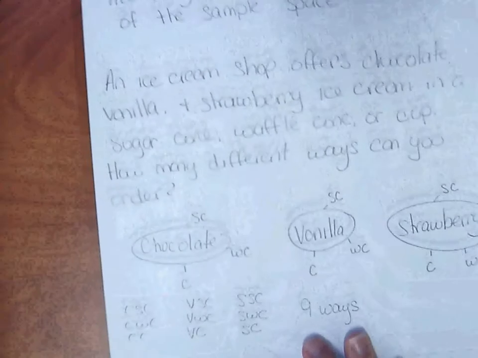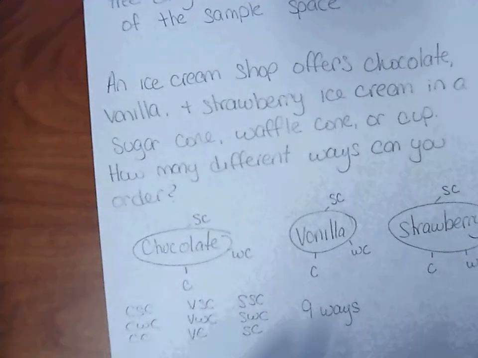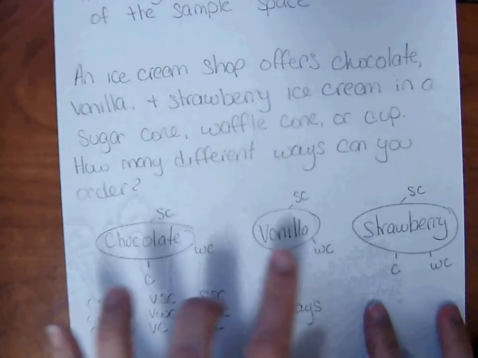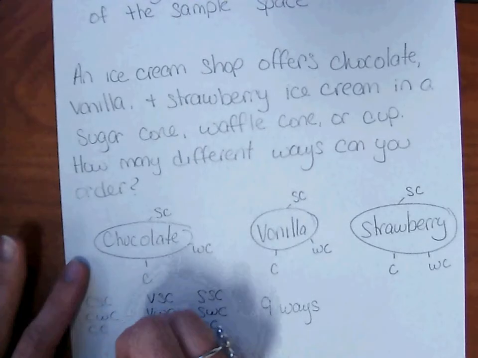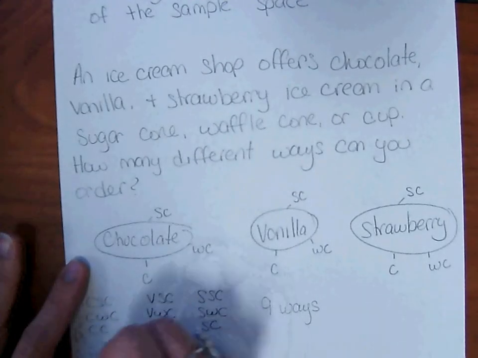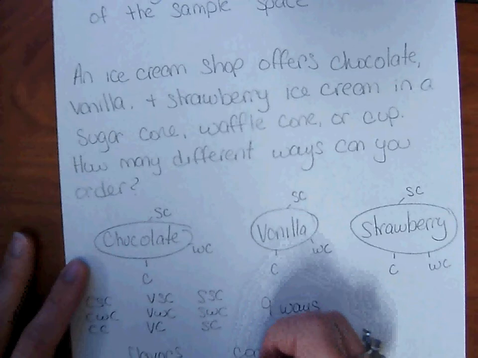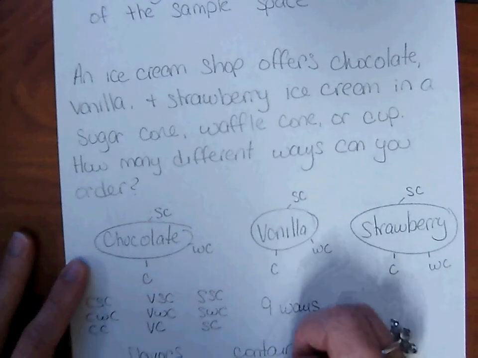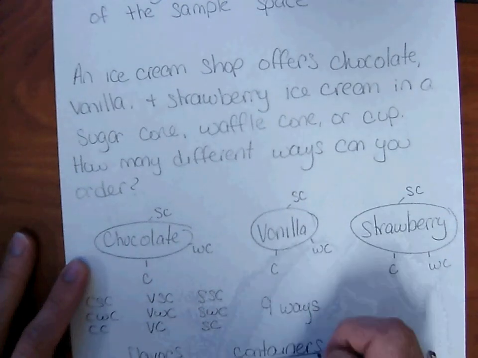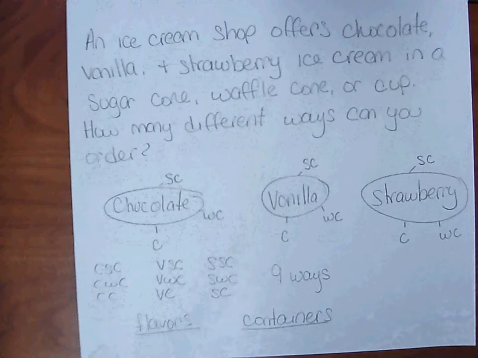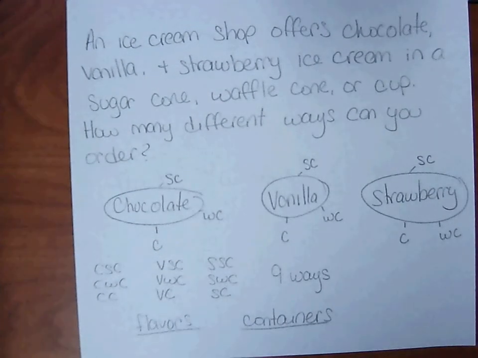So let's go back to this example. We have categories of things. We have flavors, and we have containers for our ice cream. So we want to multiply the number of choices in each category.